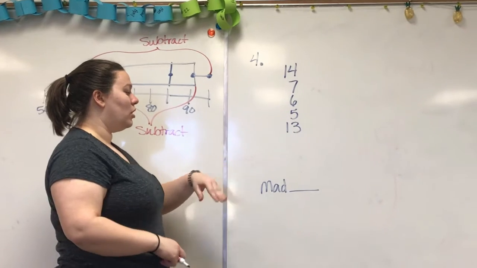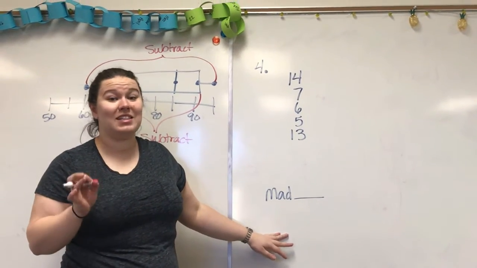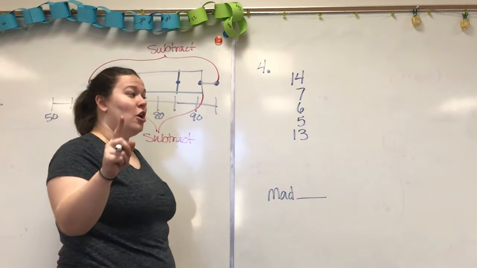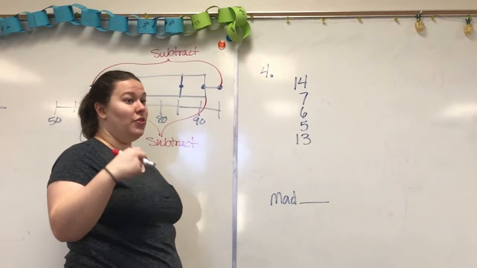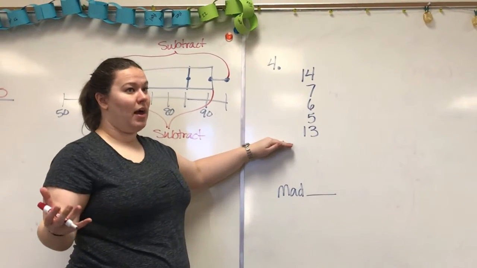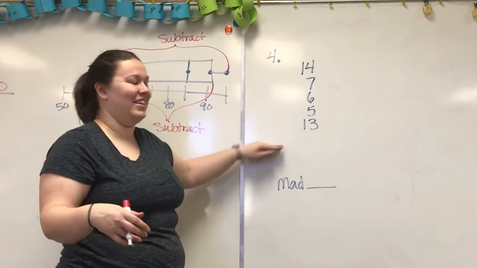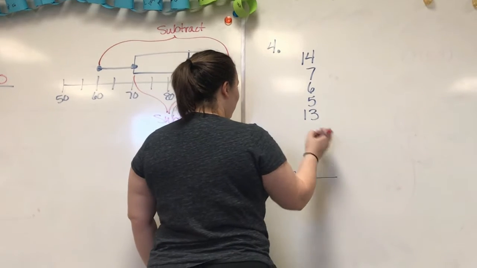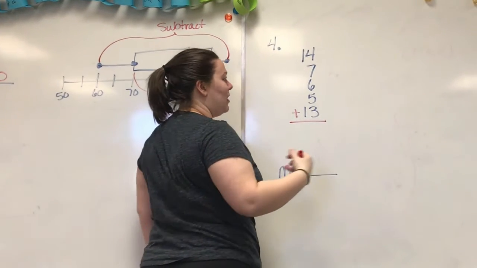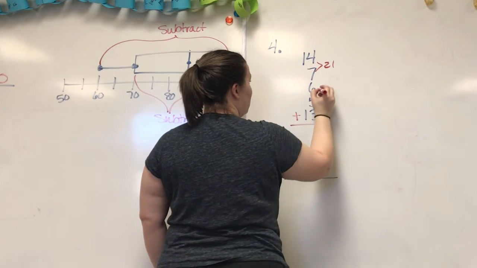Going on to number 4, it wants the mean of absolute deviation. This time, it doesn't give you the mean. It doesn't give you the average. So first, you have to find the average. Then you have to say how far away each one of these numbers is from the average that we just found. Then you have to find the average of all the numbers that we just did. So, first things first, find the mean, or find the average. That is 21.